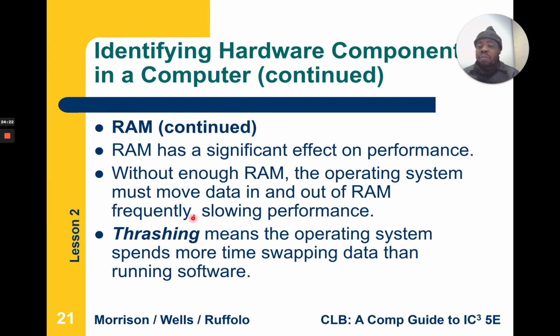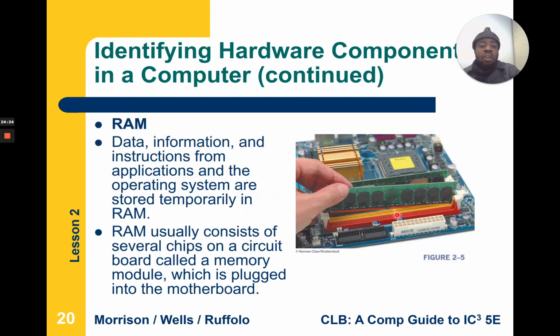Random access memory is part of your motherboard, and this is it. You see that? And the CPU moves information between this RAM and this. This is your CPU. So the RAM is directly connected to it. So information movement from your RAM to CPU is very fast.